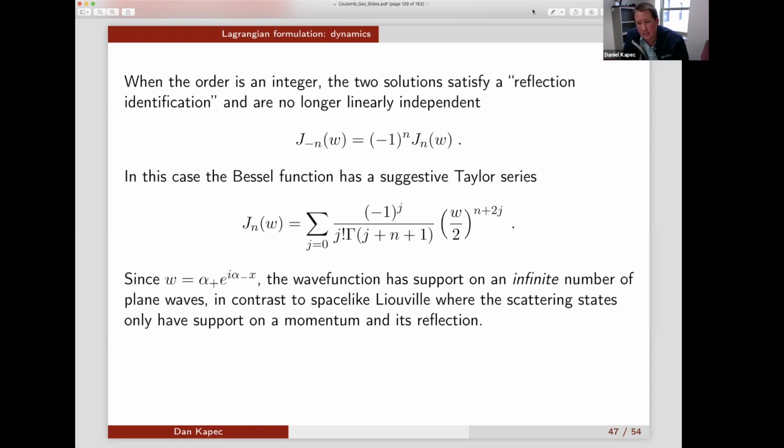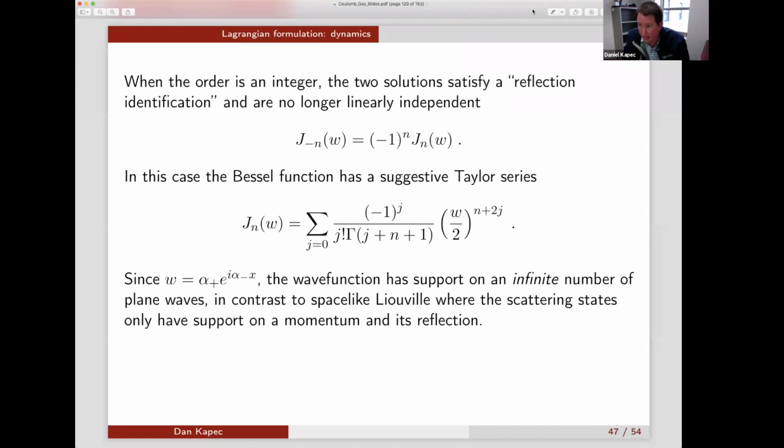But the reflection, the negative momenta, I think they're supposed to be related to the positive momenta through this reflection identification. So, in other words, you will not get the correct normalization for the partition function if you trace both over the operators and their reflections.